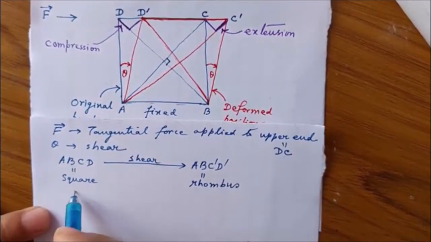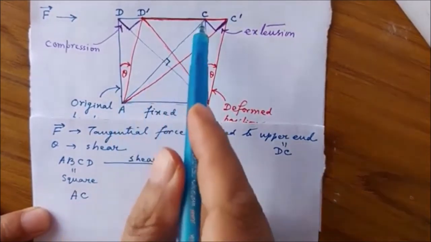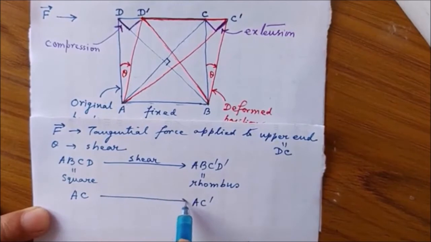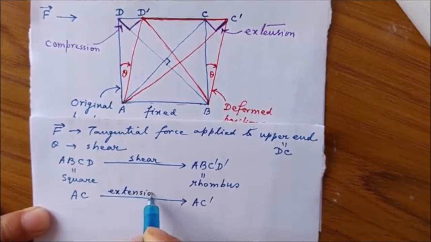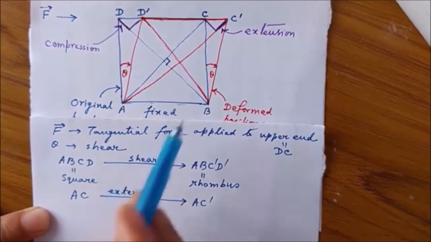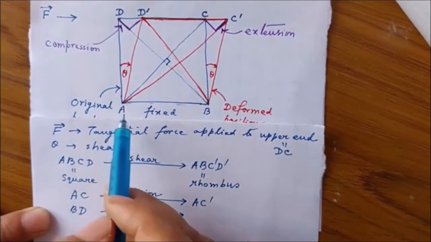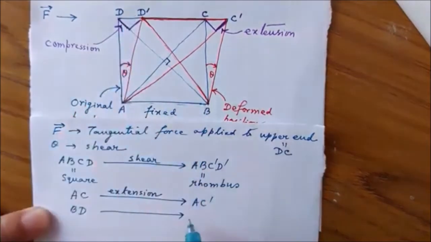We also note that the diagonal AC has been extended to AC prime while the diagonal BD has been contracted to BD prime.